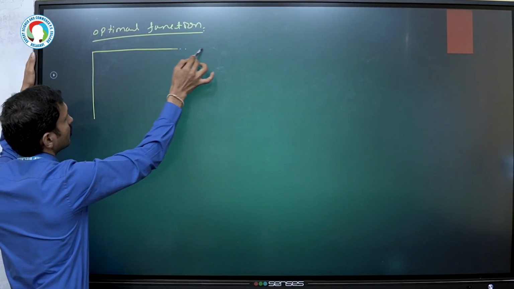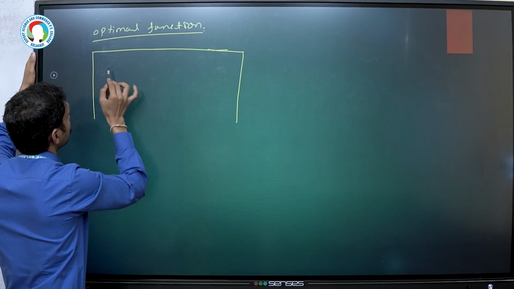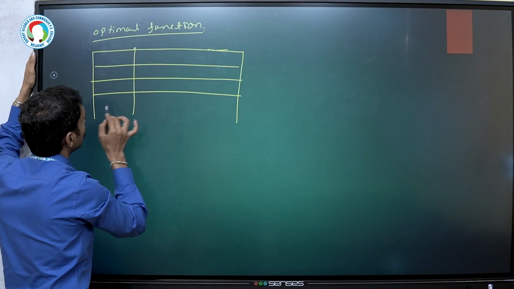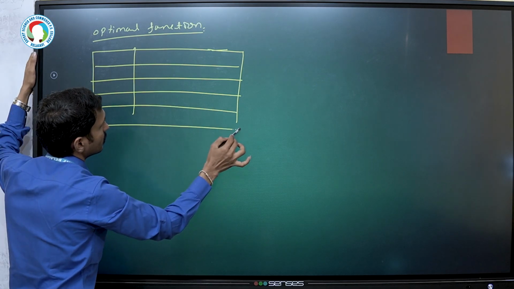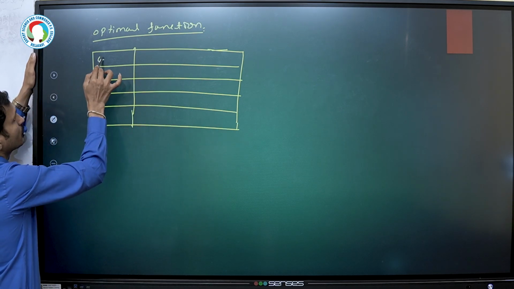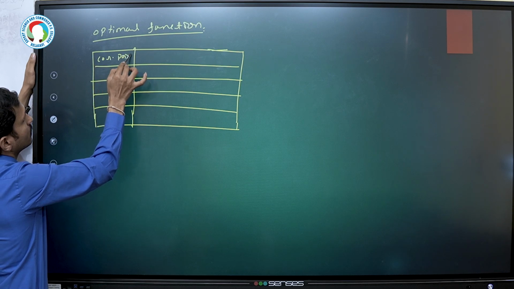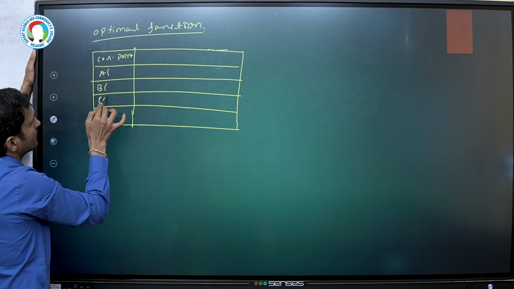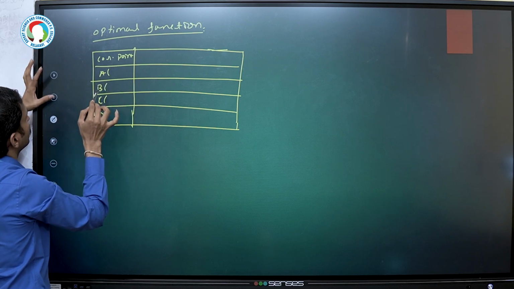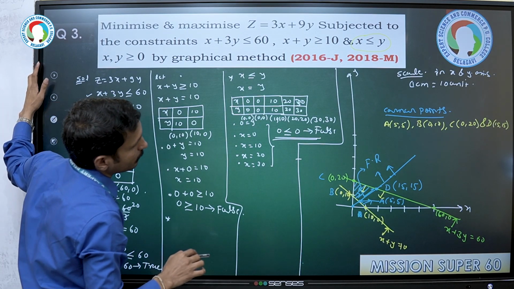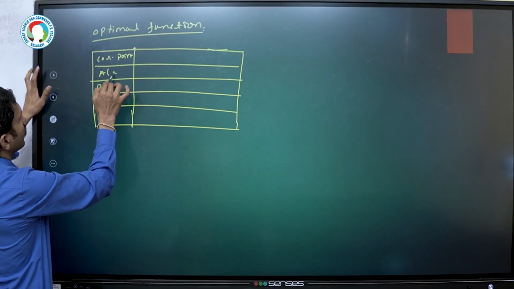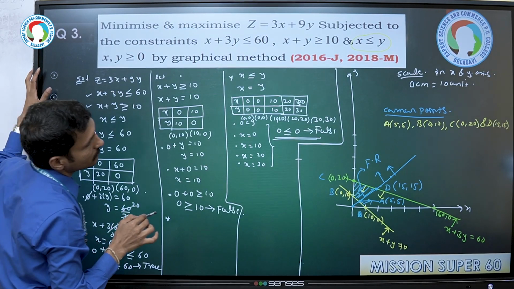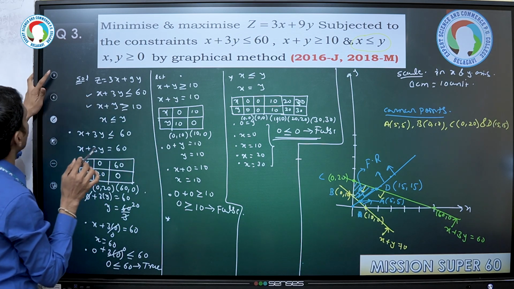We should write all the corner points A, B, C, D and the z function. Corner points A, B, C, D are 5, 5; 0, 10; 0, 20; and 15, 15.